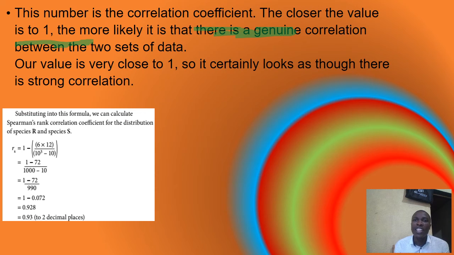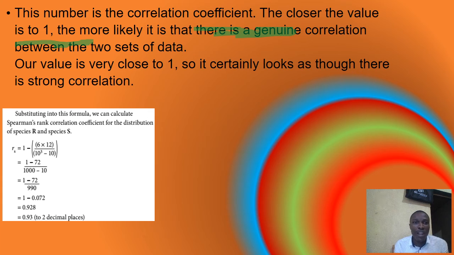This value is close to 1, and any value that is closer to 1 shows that there is a genuine correlation between the two sets of data. There is a correlation.